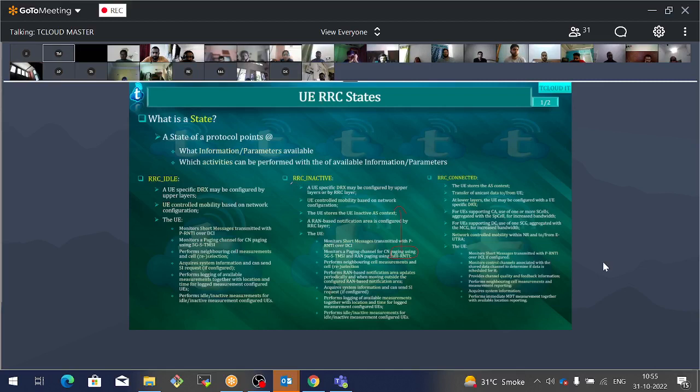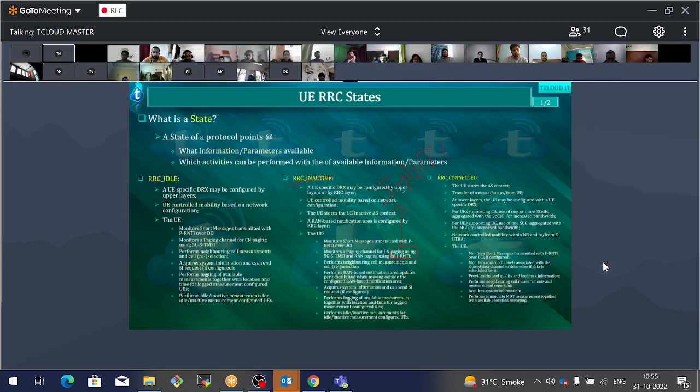At the time when the mobile is moving into RRC inactive state, it is allocated an I-RNTI. If the network sends a paging message on your I-RNTI, indirectly the network is telling you that it is time to move out of the inactive state and come into the RRC connected state once again.